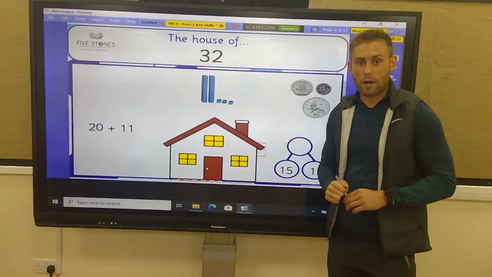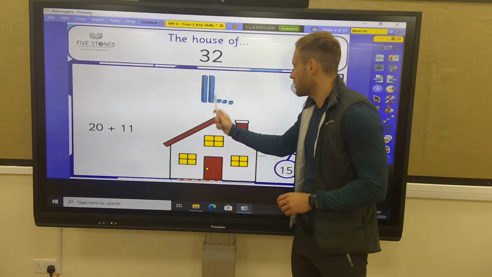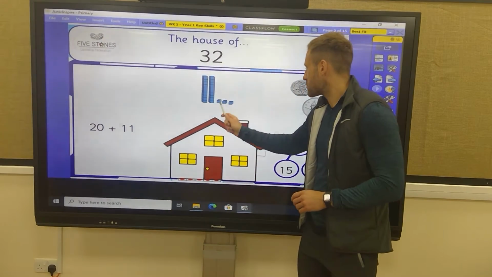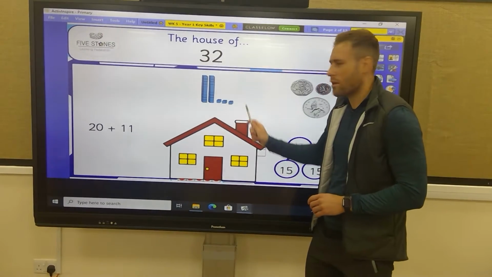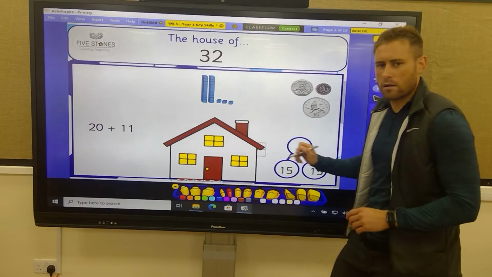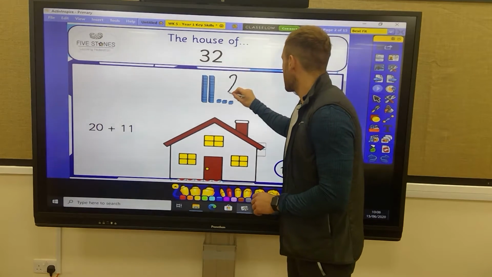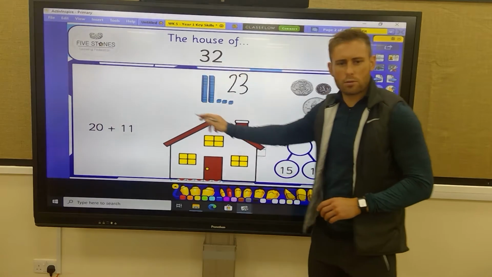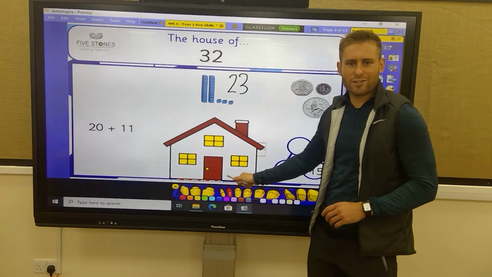Great. Now I'm going to move over and look at our 10 sticks and our ones cubes. Are we ready? Should we count our tens? How many tens can we see? 1, 2 tens. 10, 20, 21, 22, 23. What does 23 look like? 23. So can this 23 enter our house of 32?